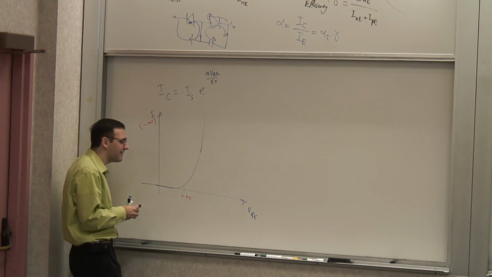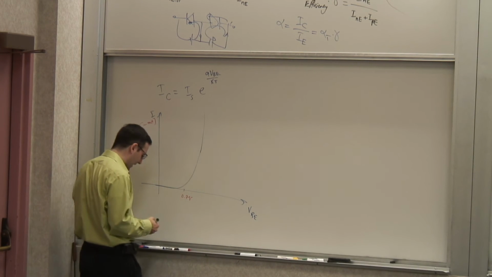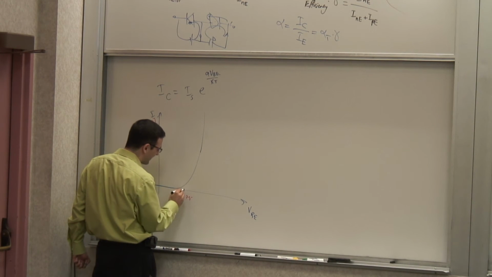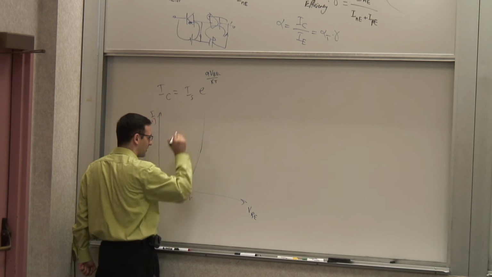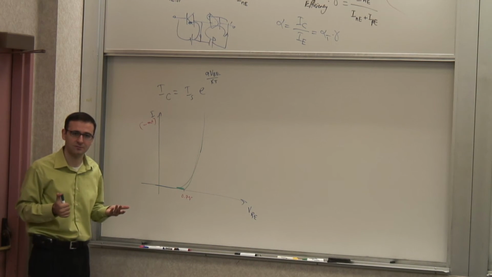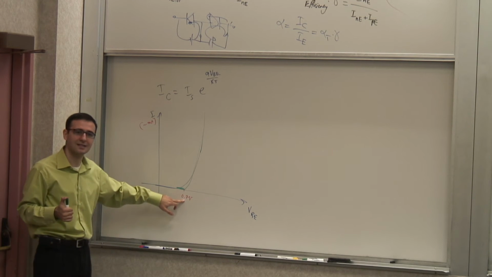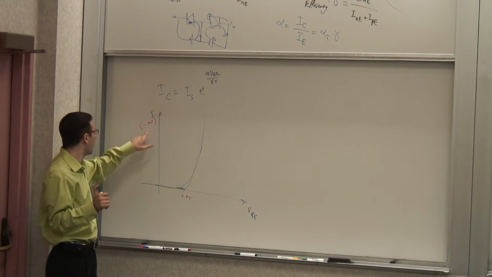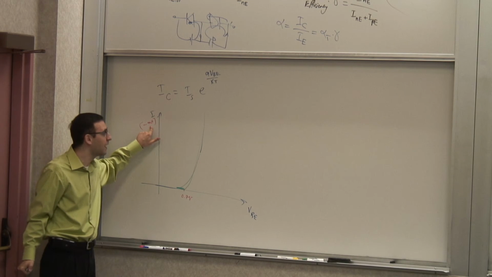So arbitrarily, for some of the design aspects of the things that we deal with, you say it's really off below here, and then it's kind of on beyond that. So it's another approximation.